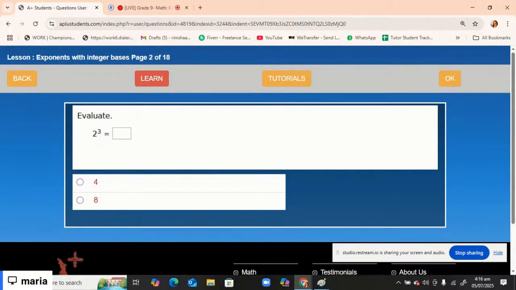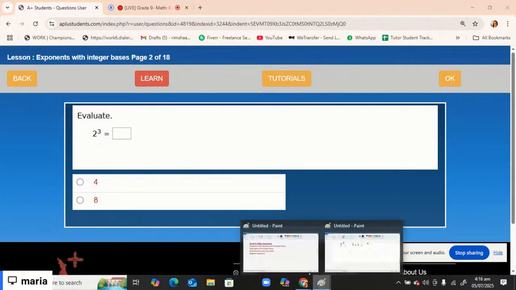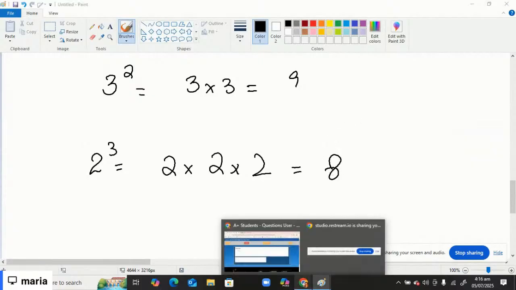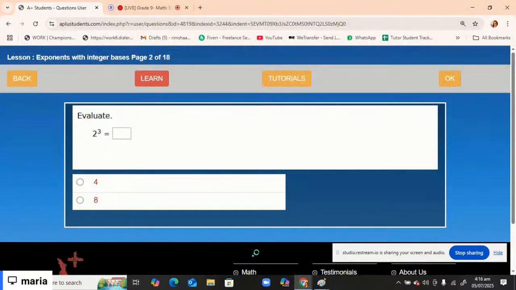Now 2 power 3. What does it mean? It means that 2 times 2 times 2. So 2 times 2 is 4, 4 times 2 is 8. Let's see, is there any option for 8? Yes, it's here.